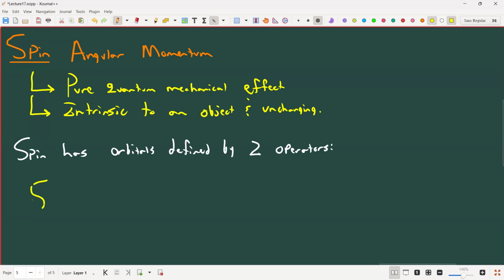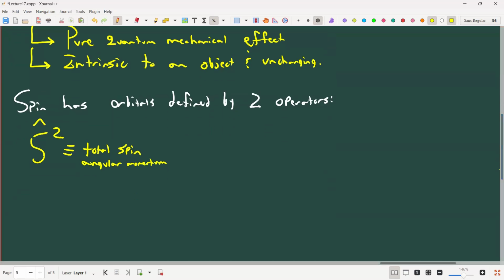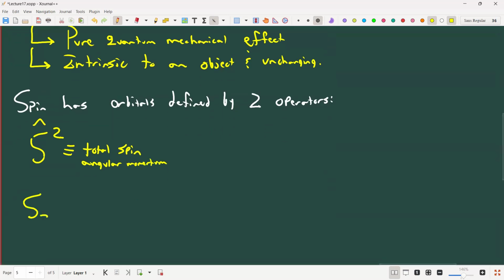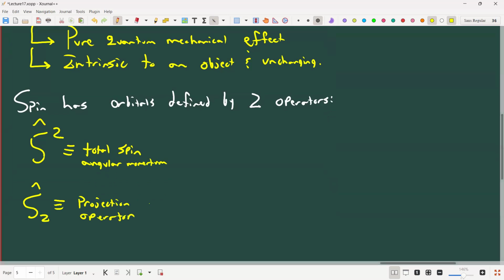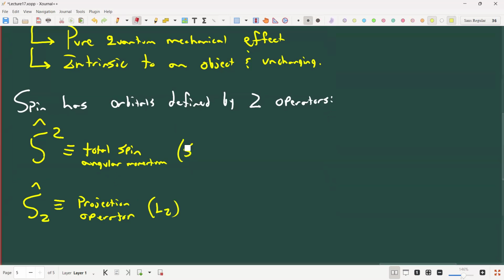The first one is S squared, that's the total angular momentum, or the total spin angular momentum. And then there's S_z, just like before. This is the projection on the z-axis, the projection operator, just like L_z. And this is like L squared.